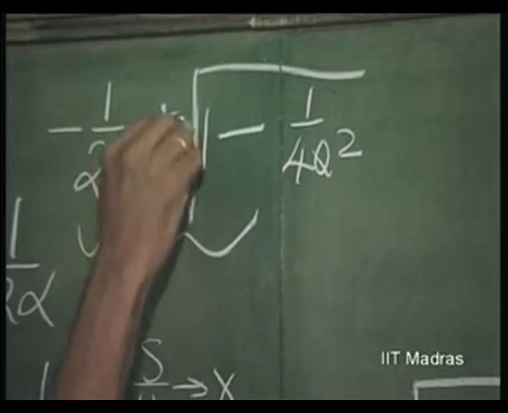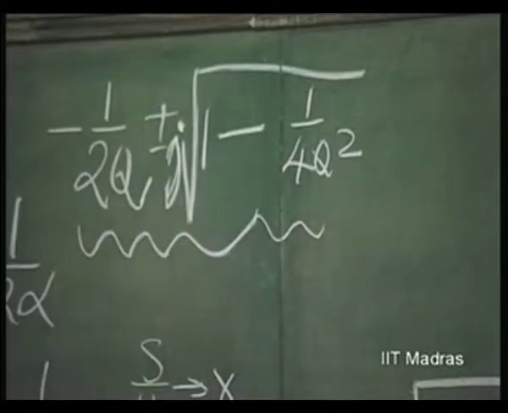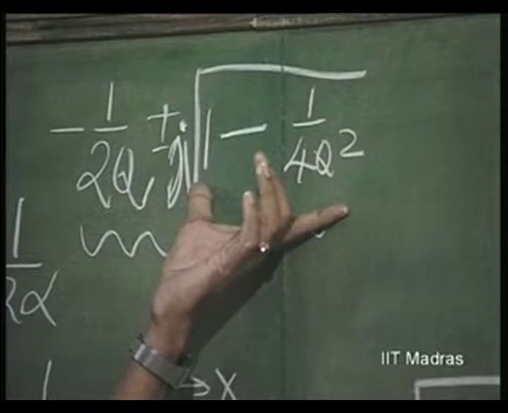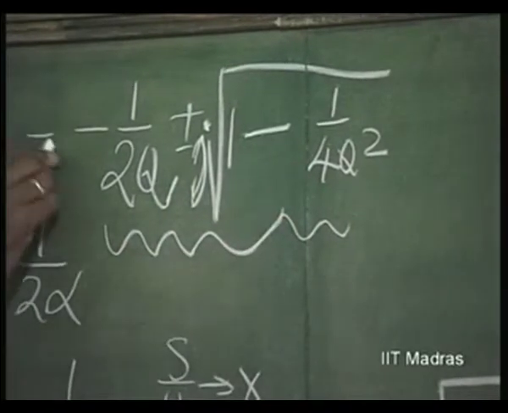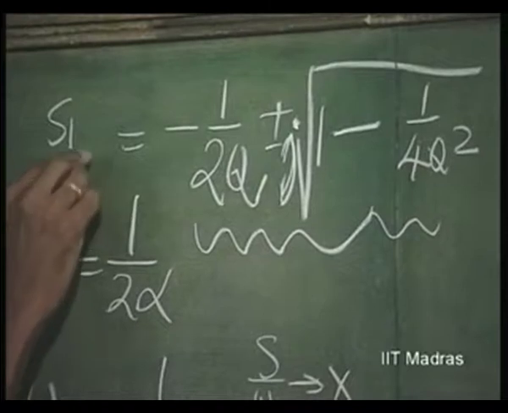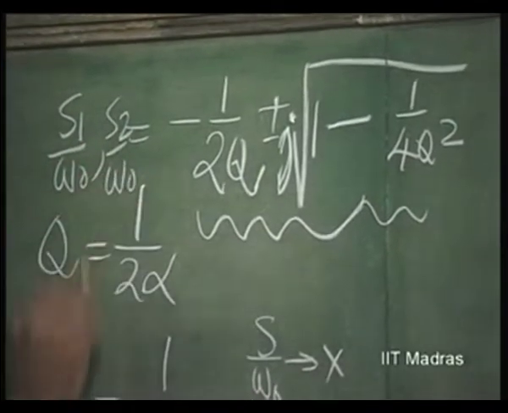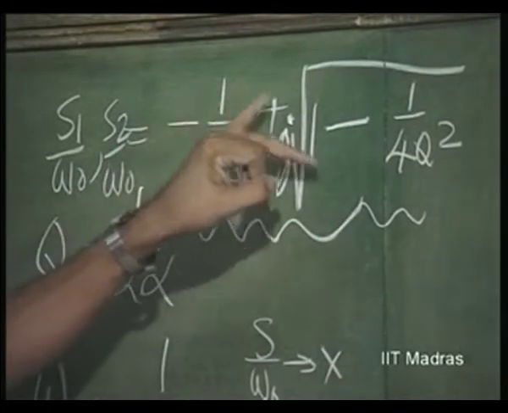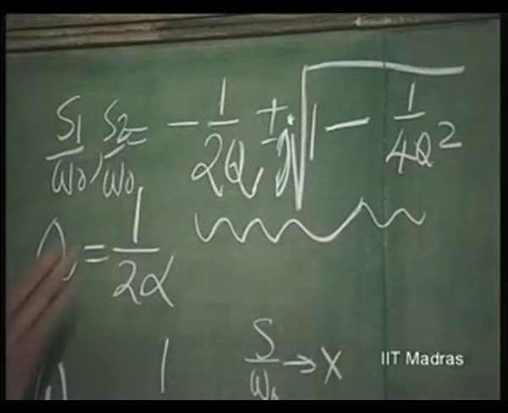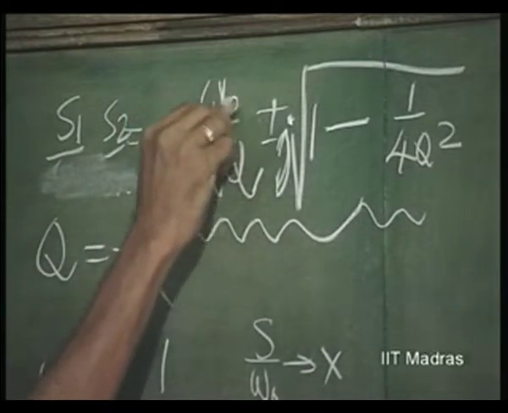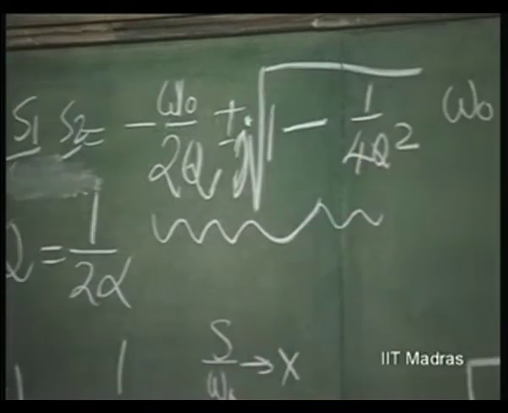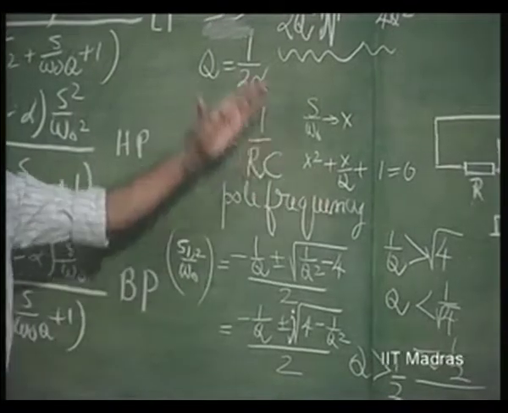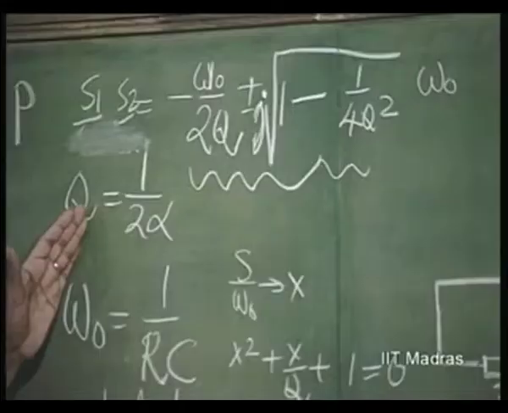It is a complex conjugate pair of poles you get. The real part is given by this, the imaginary part is given by this. So, this is going to be S1 by omega naught and S2 by omega naught. If you want the actual location of the pole, you have to merely multiply by omega naught here. So, S1 and S2 will be multiplied by omega naught. So, omega naught is called the pole frequency and this q is called the pole q.